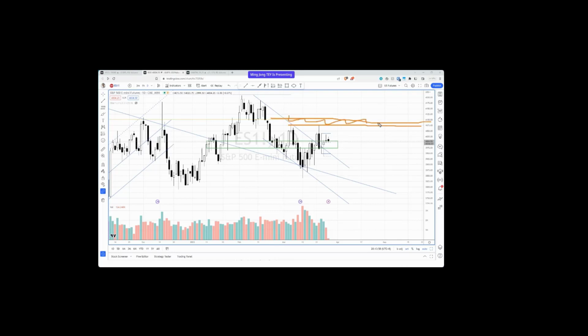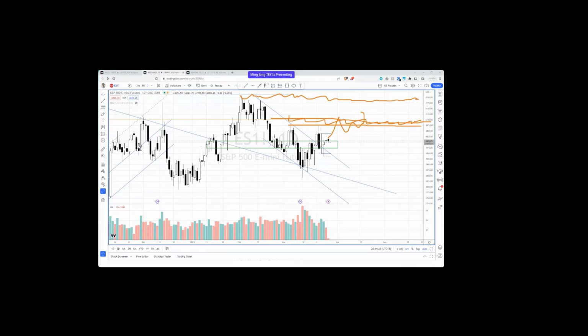So this is a resistance area. Once we attempt to break, and hopefully with another shallow reaction, eventually it just goes up and tests this previous resistance level around 4200.